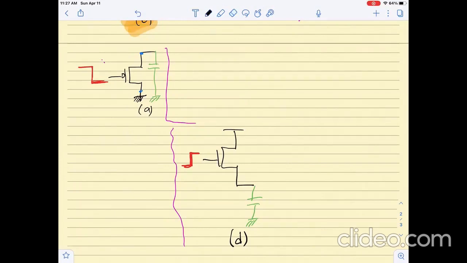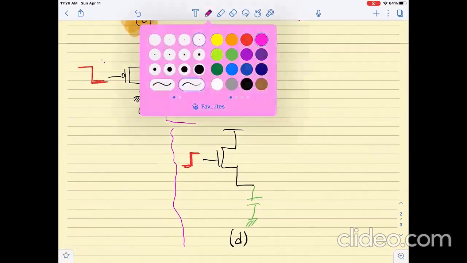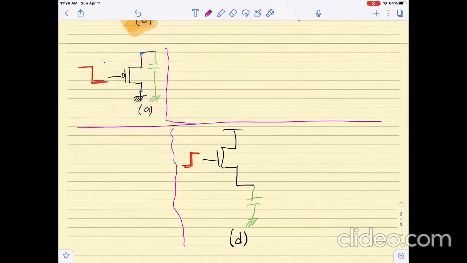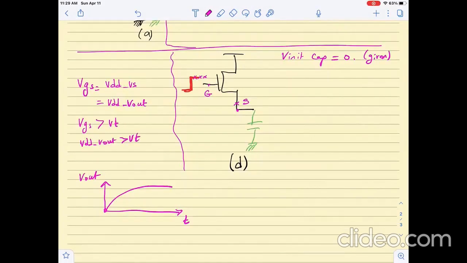Now we have already seen before the case where I have an NMOS device. Let us say that initially V init of the capacitor is equal to 0, and this is given. Let me inspect Vs greater than Vt, so long as V out is less than VDD minus Vt.